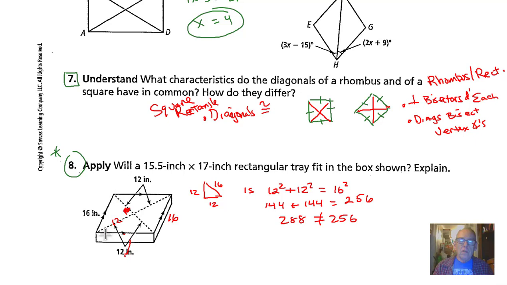They tell us that this is 16, this is 12. So we got 16 across this way. I don't see any way that a 17-inch is going to fit into this. Check it out, see what you think. Explain. Come up with a good reason if you want the points for this.